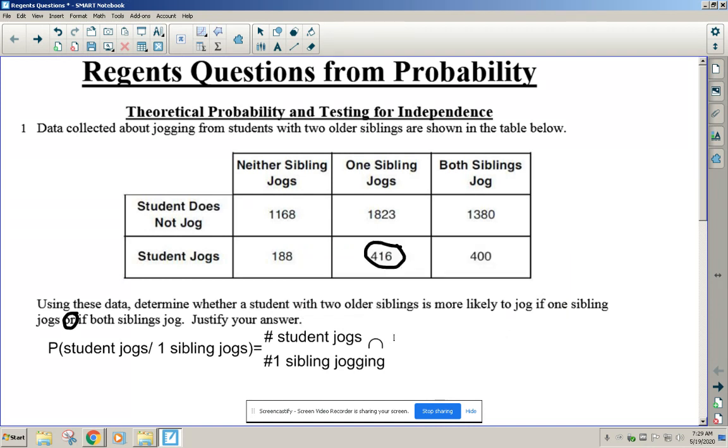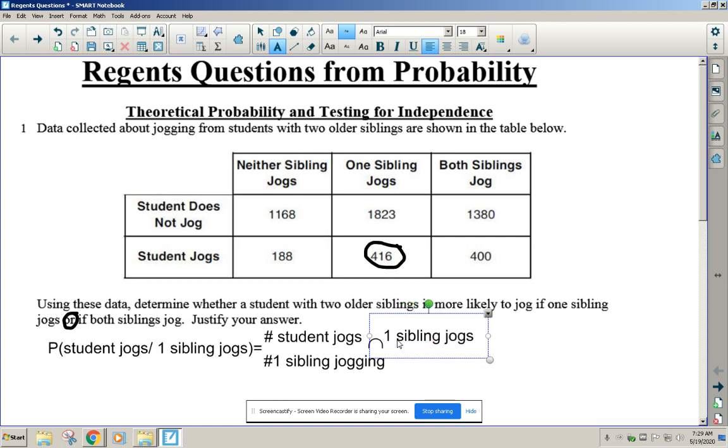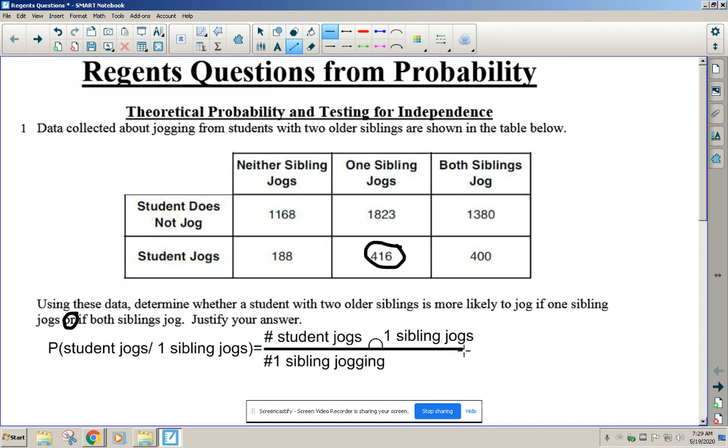There we go. And one sibling jogs. So if I can find these numbers from the table, then I can do this conditional. And I know it's not like the neatest typing, but at least you can read it. There we go.